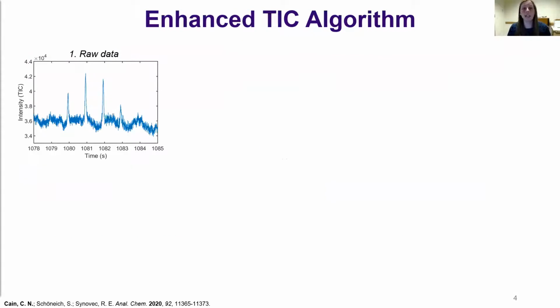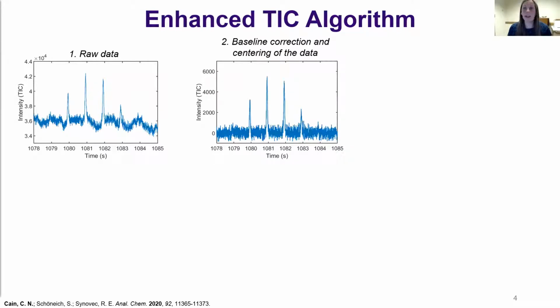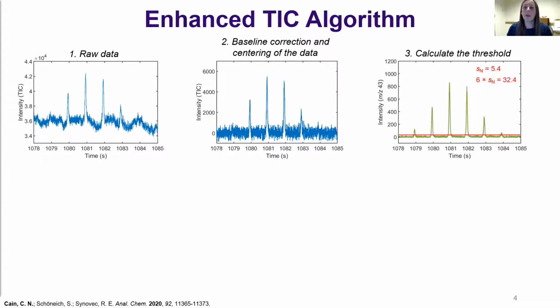Our enhanced TIC algorithm first starts with the 1D vectorized form of the GC×GC chromatogram, shown here in step 1. This is an example of just one peak in that 1D form. Then we baseline correct and recenter the data before calculating a signal threshold that's applied to every single mass channel. The signal threshold is based upon the standard deviation of the noise on that mass channel multiplied by 6, indicated by the red line here.